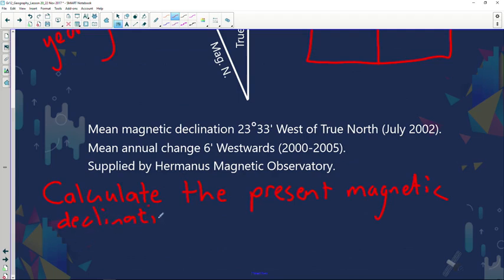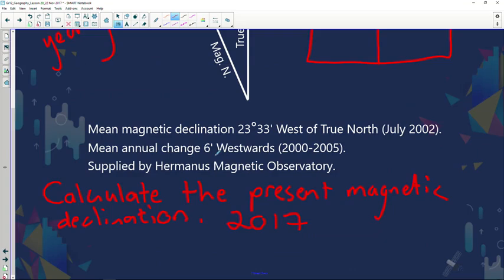Now the present magnetic declination refers to what is present, 2017. That's our present year. So we want to know what is the present magnetic declination for the year 2017.